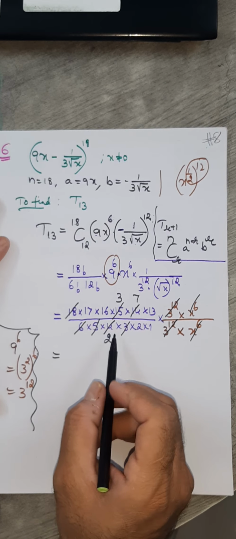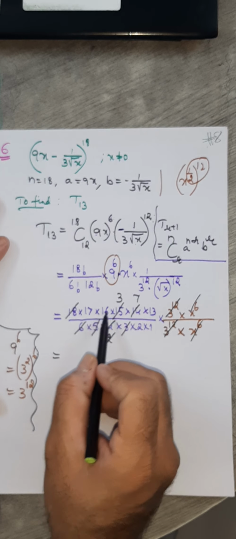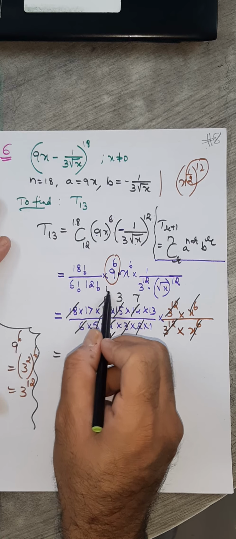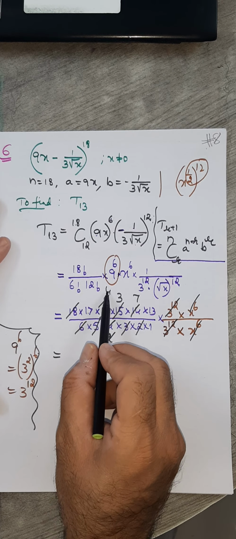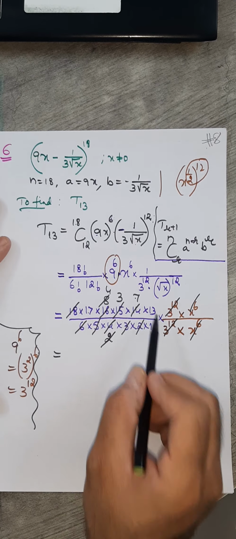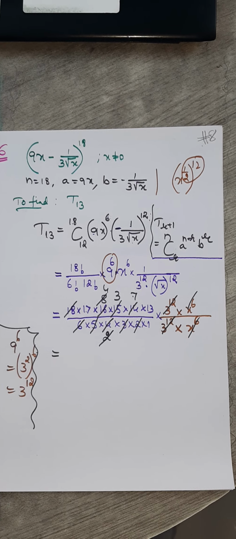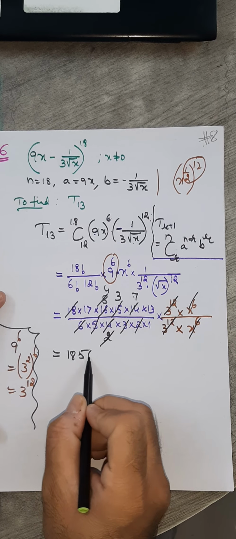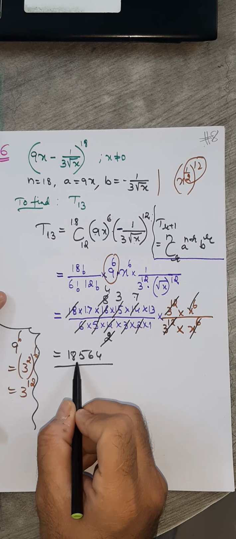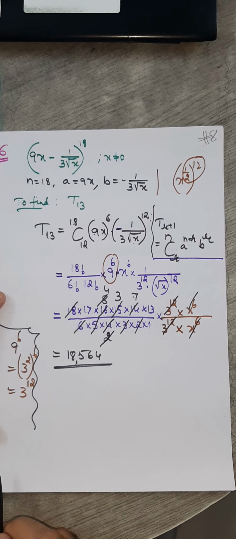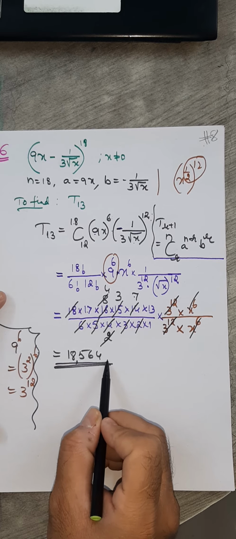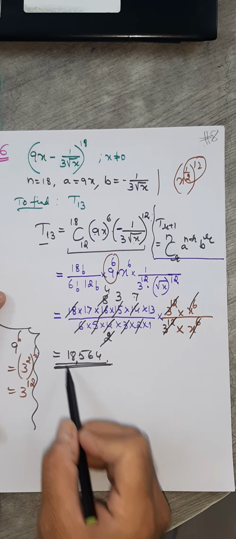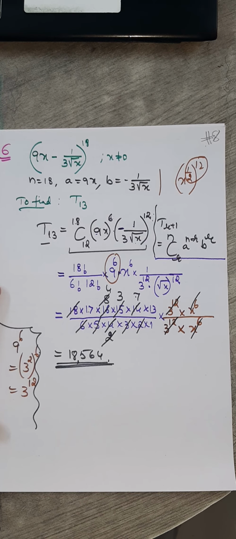Here 2, and this is 8, and then one more time this is 4. So 17 into 4 into 3 into 7 into 13. That's your final answer: 18564. That's T13. Only this step is important; this is just simple algebra, remember.